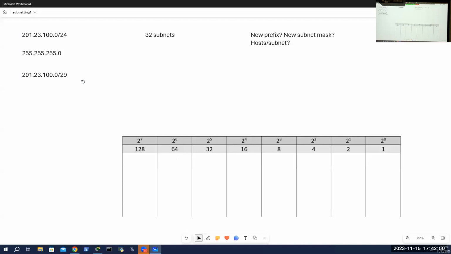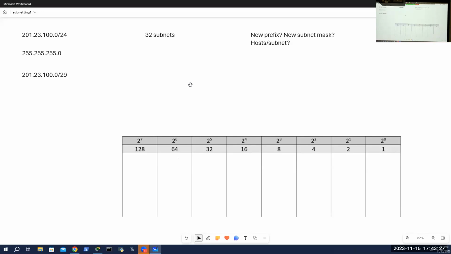We need 32 subnets, so we look at our powers of 2, and whatever power we're raising 2 to, in this case 5, that's the number of bits that we're going to be reallocating from the host to the network. So basically we're going to be adding 5 bits to this subnet mask to make the network ID 29 bits long.